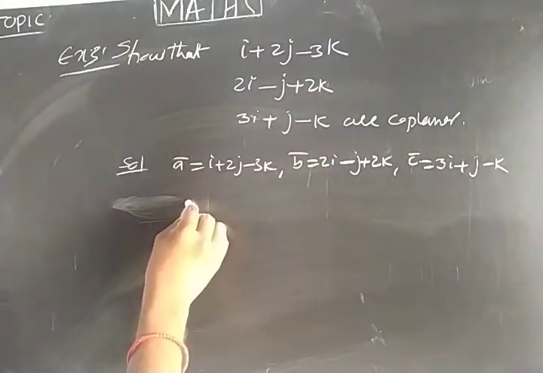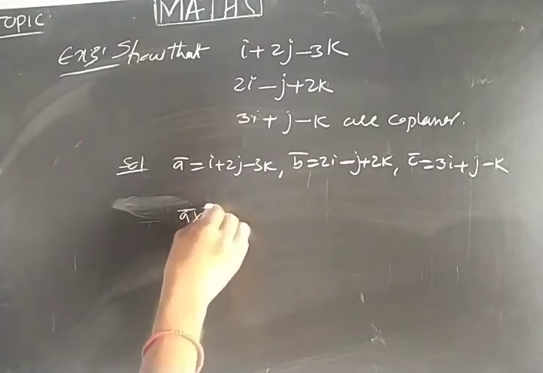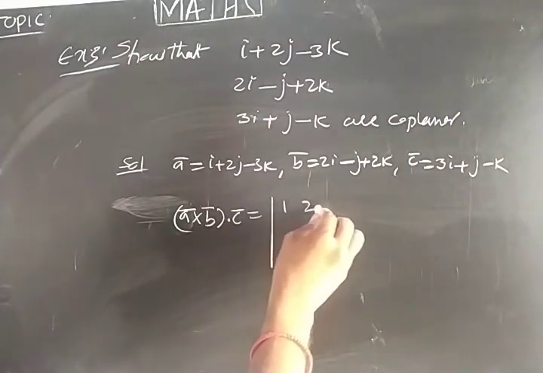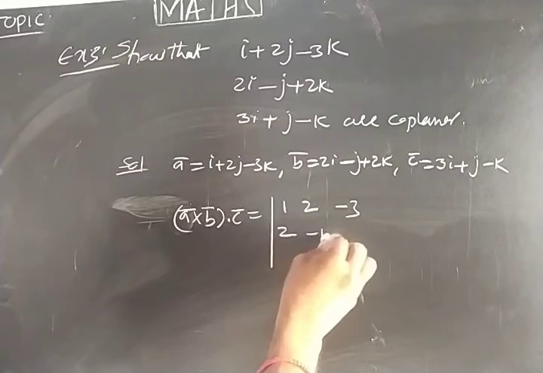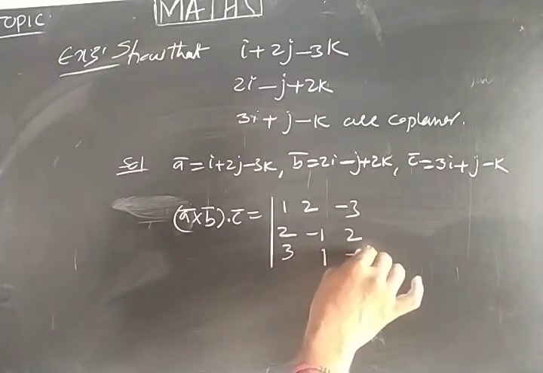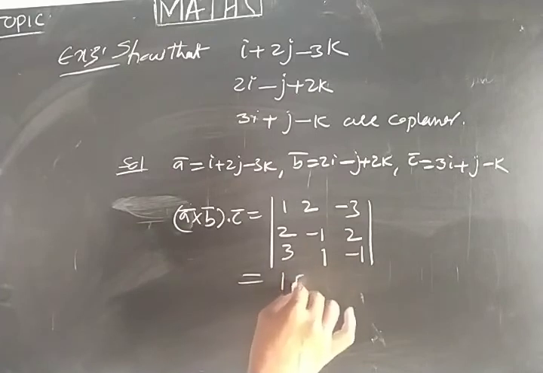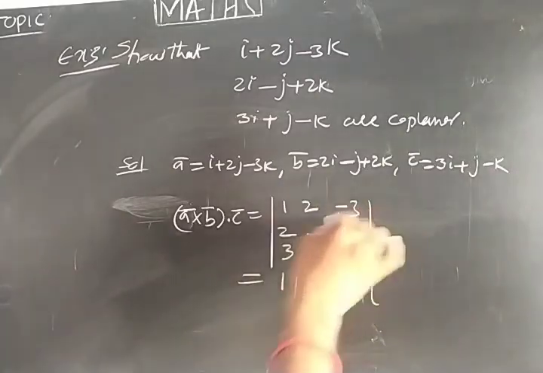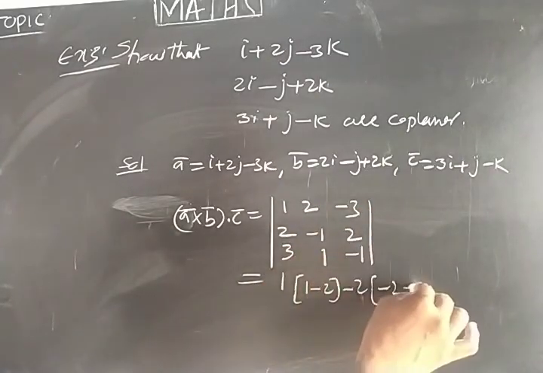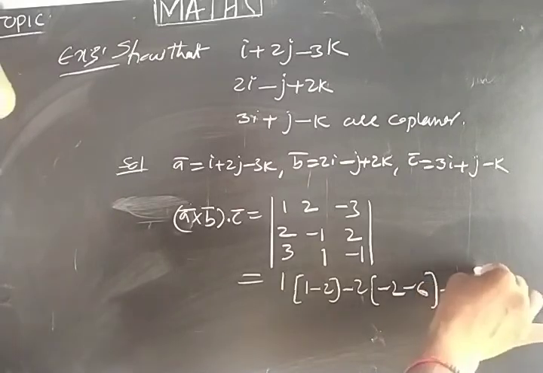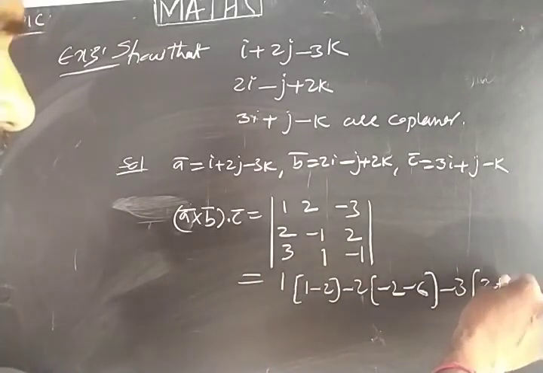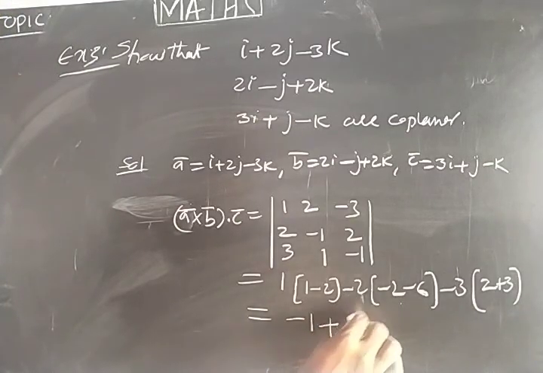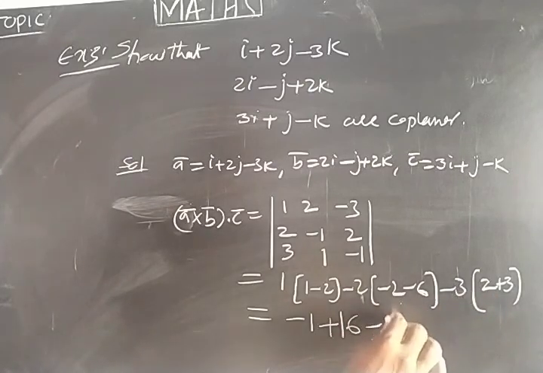Right, I am going to show it. I am going to find A cross B bar dot C bar, the scalar triple product. How is it defined? Determinant of components of A vector, components of B vector, components of C vector. Right? Now 1 into minus 1 plus 1 minus 2, minus 2 by removing column and row, 2 times 3 is 6, minus 6 minus 3, 2 plus 3 minus 1... here minus 8, minus 8 times 2 is 16, plus 16, 5 times 3 is 15, minus 15.